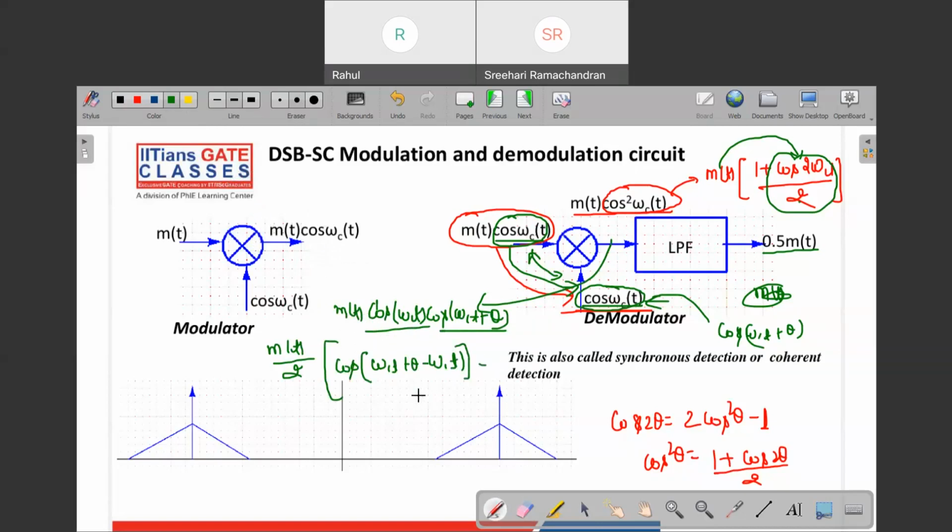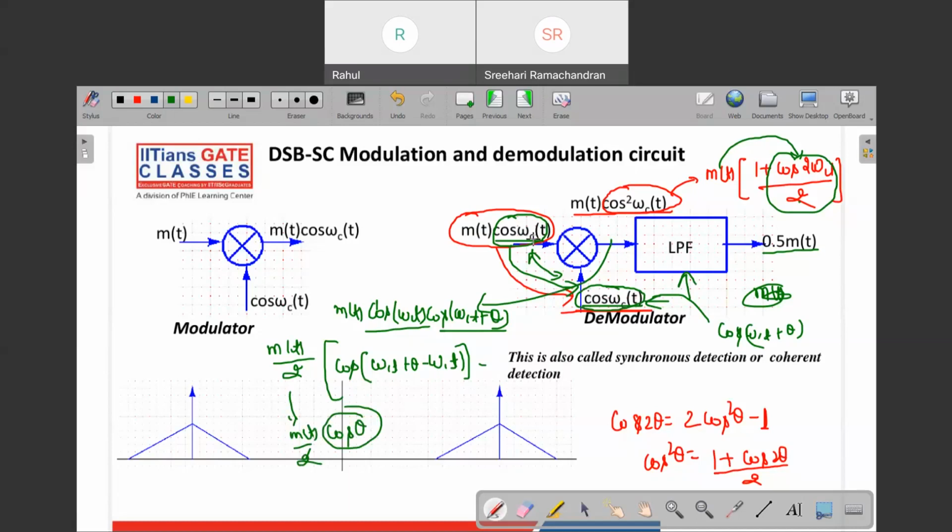Okay, the minus cos(A + B) term will get filtered out by this low pass filter. Okay, now if there is a phase, this θ, instead of getting just m(t)/2, you get m(t)/2 into cos θ. This cos θ is coming as an extra term when there is a phase difference between this cos and this cos.